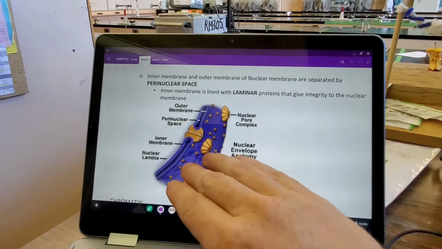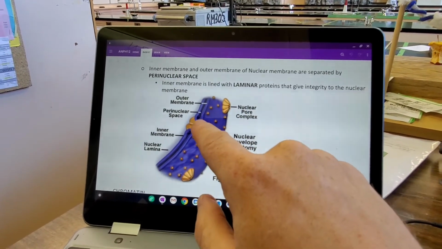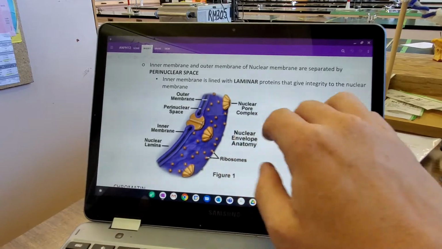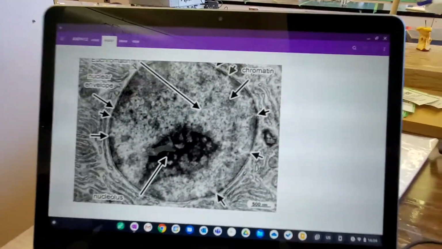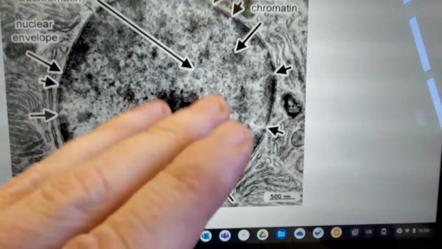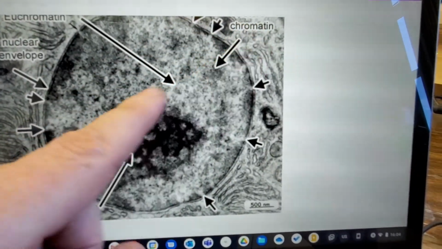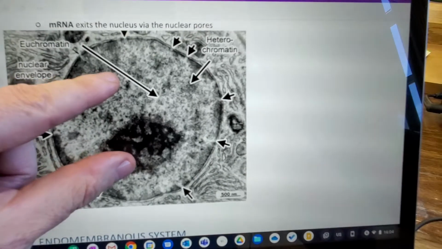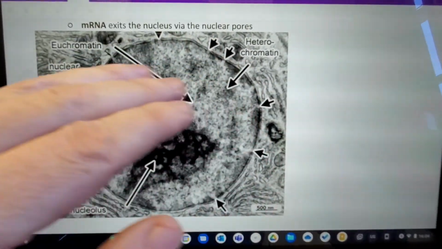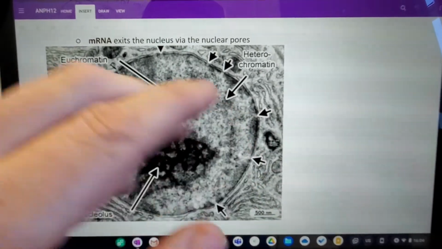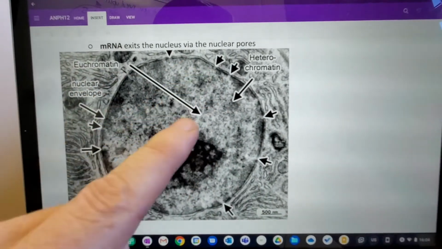So we talked about laminar membranes, we talked about the pores, we talked about the inner and outer membrane. What else can we see in the nucleus? Well, the inside of the nucleus is full of something called chromatin. And chromatin is a combination of DNA and proteins. The DNA isn't just floating around in here, a big long strand of DNA.